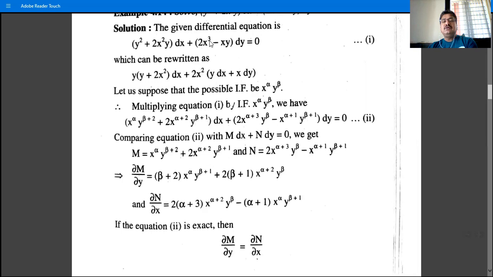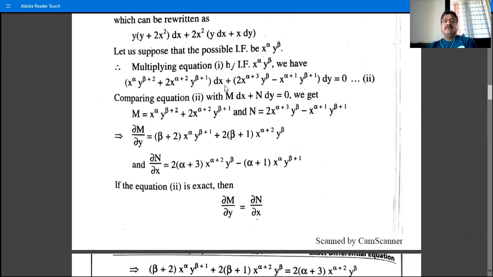Then 2x^3 times x^alpha y^beta is 2x^(alpha+3) y^beta, and then x y times x^alpha y^beta is x^(alpha+1) y^(beta+1) dy, equal to 0. Now compare this equation with M dx plus N dy is equal to 0.